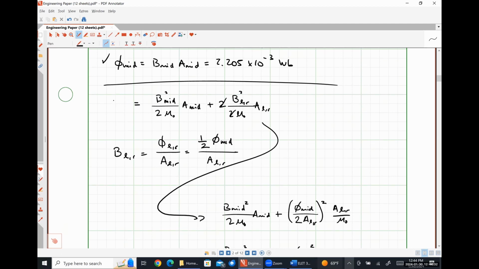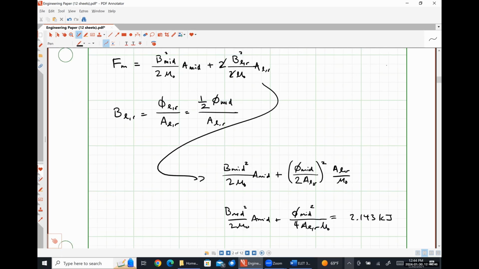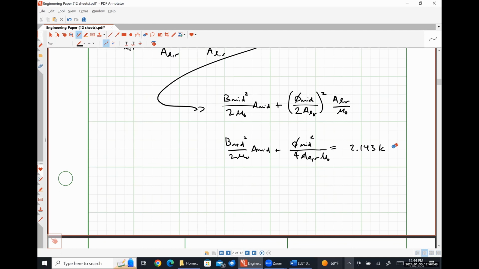I called this WF, but this would actually be FM because I was multiplying by the area and not the volume, right? So for the field energy stored, I multiply by the volume, not the area. So I can just take this number right here and multiply it by LG to get my stored energy, sorry.